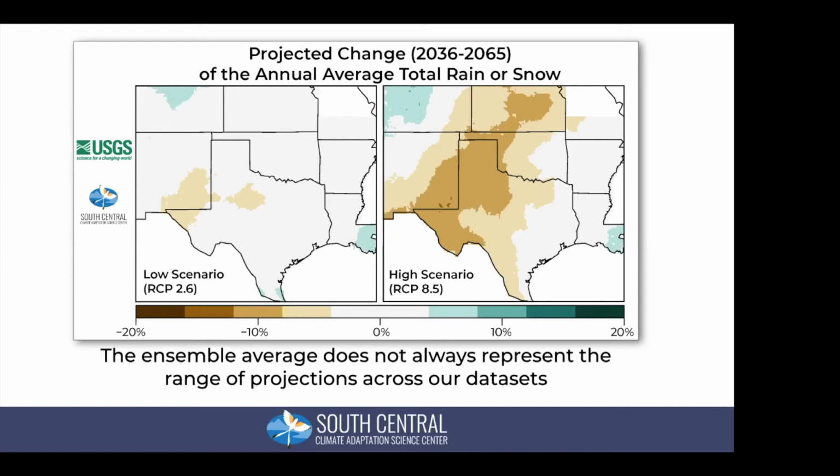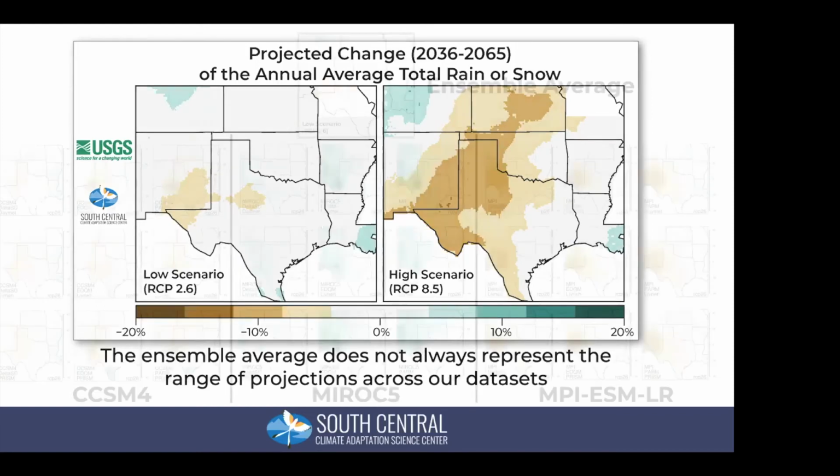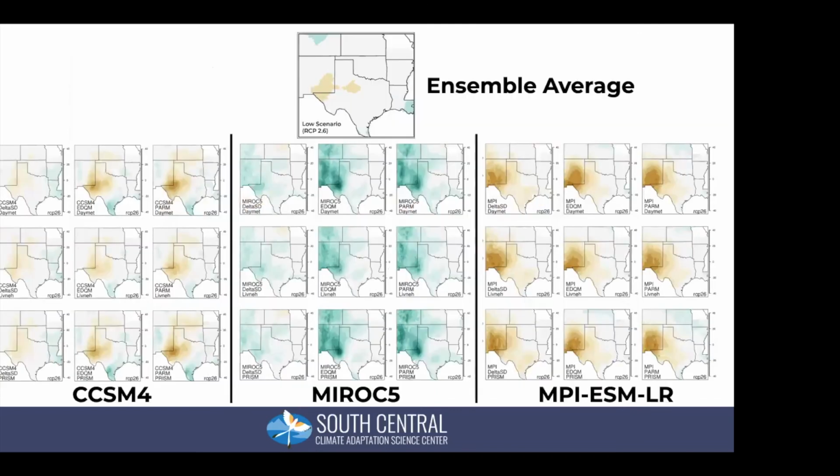We see that parts of the Great Plains are projected to dry by about 10% in the high scenario, and there's little change in the low scenario. However, the ensemble average may not be a good indicator of the range of projections that we have. Here's what I mean. At the top is the ensemble average for RCP 2.6 that you saw in the previous slide.